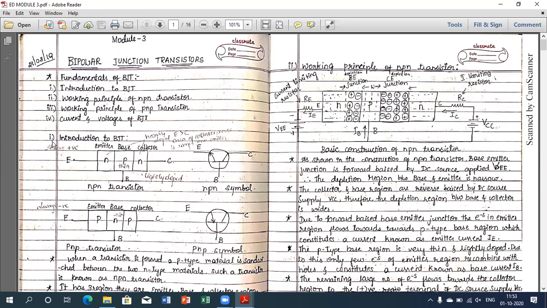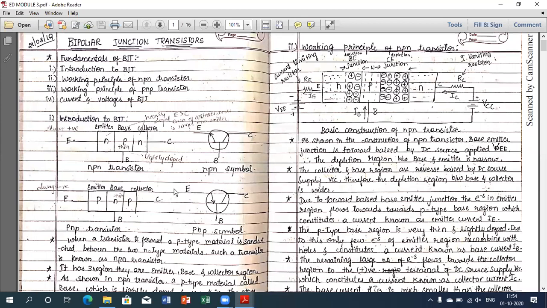And the fourth is currents and voltages of BJT. Now, first we will focus on fundamentals of BJT. As we say, BJT is bipolar junction transistor. The first topic is introduction to BJT.